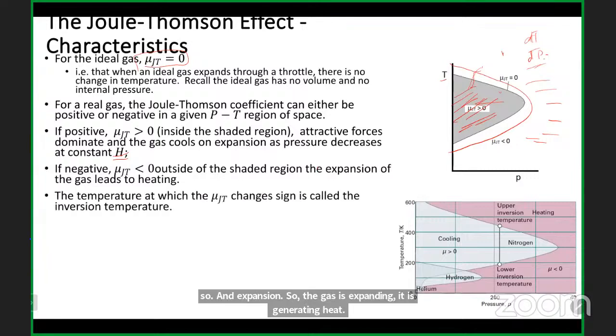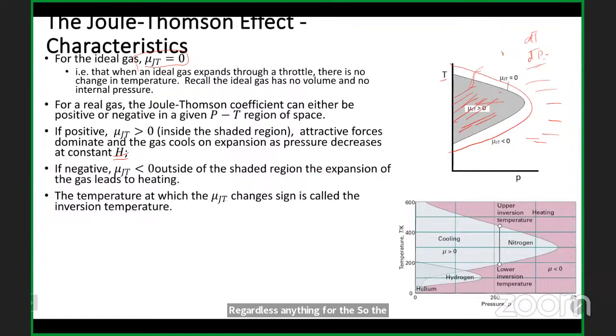Regardless, anything could have happened. So the temperature at which mu JT changes sign is called the inversion temperature. So if we are considering a certain temperature, then you would know.